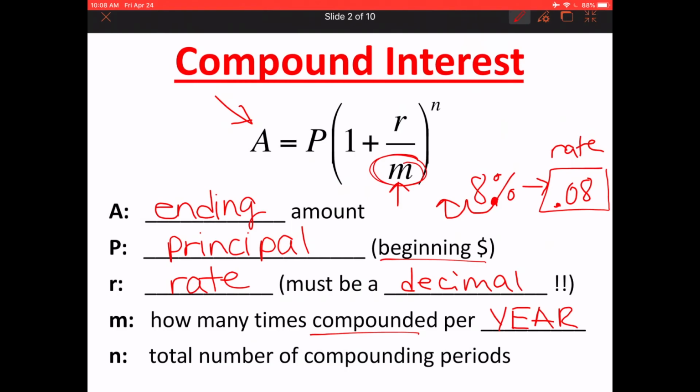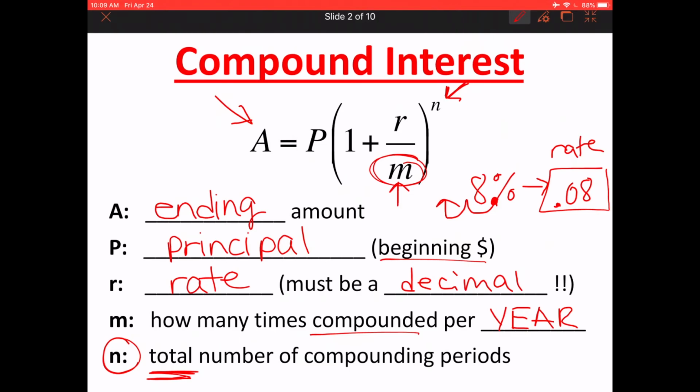If it's compounded annually, that letter M is just going to be 1 because it's just compounded once per year. Okay? And then the letter N up here, our little exponent, that represents the total number of compounding periods. So for example, if it's compounded for 20 years, then you're going to have a lot more.